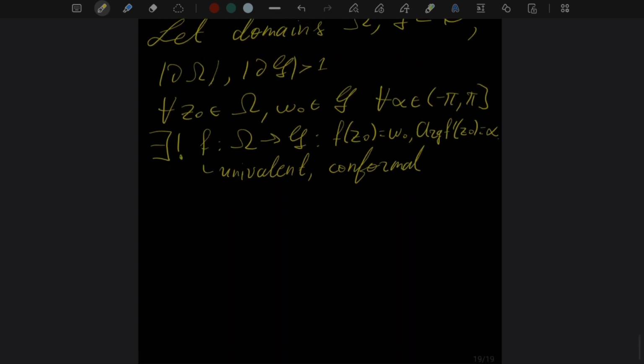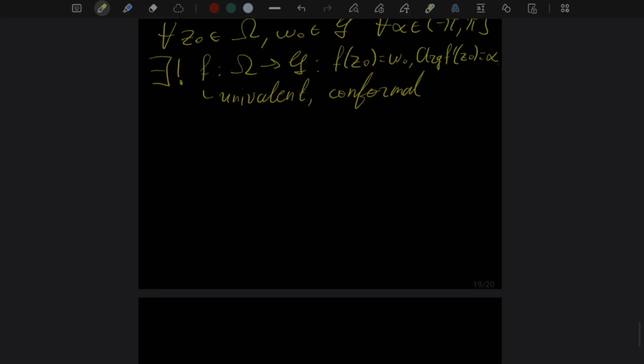So, there exists a unique, univalent, and conformal mapping from omega to g that maps that knot onto omega knot, and the argument of its derivative at that point is alpha. Okay, now I have a visualization, and then we will talk about another interpretation of analytic functions. So stay tuned.